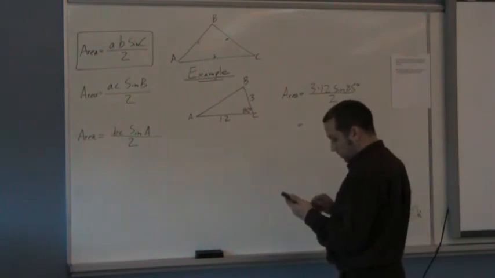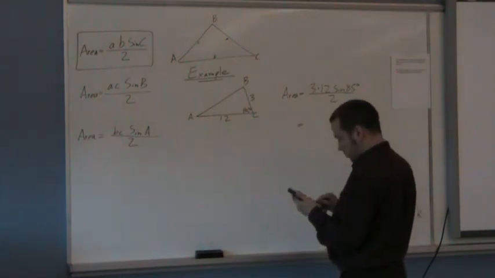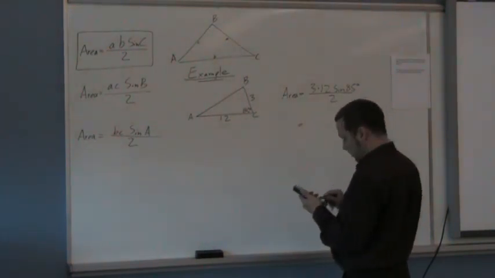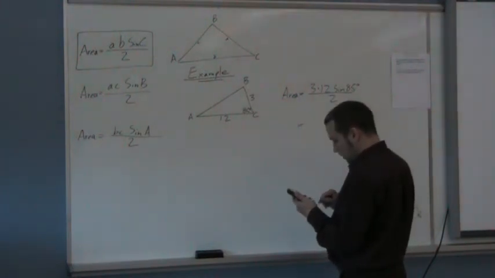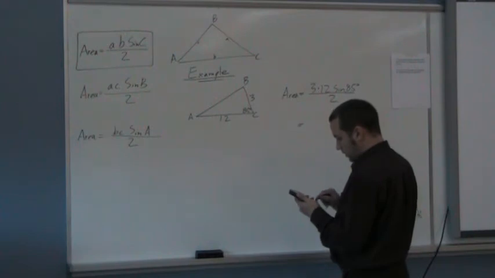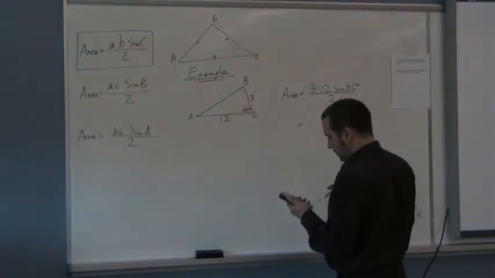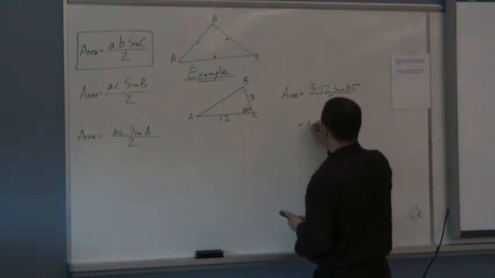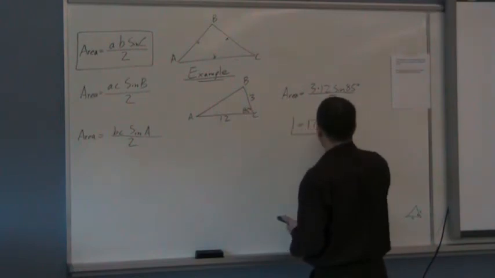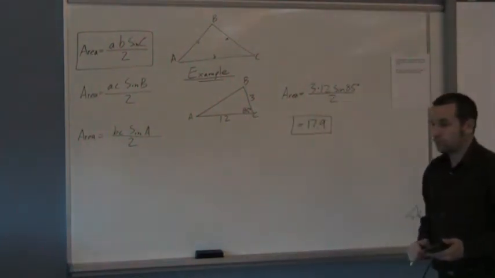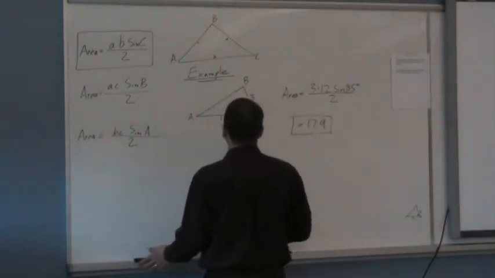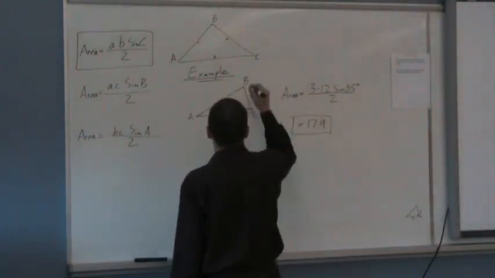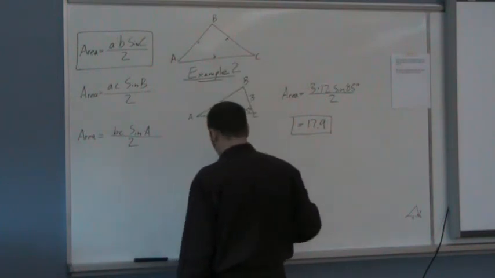I can go 3 times 12, 36 times the sine of 85 degrees, and then I divide that by 2, and I get 17.9. Here's my answer. So let's do a second example where you can't directly solve using a formula.